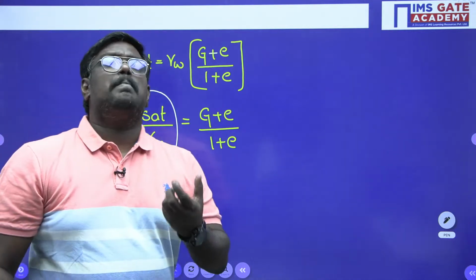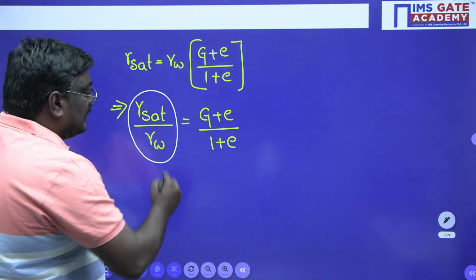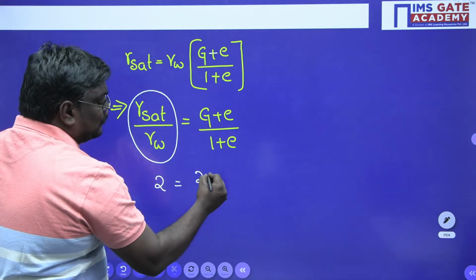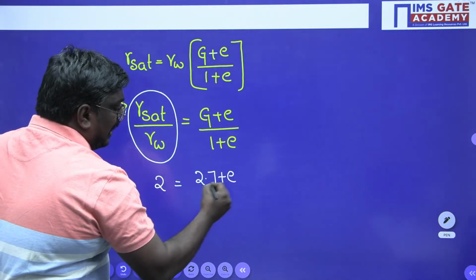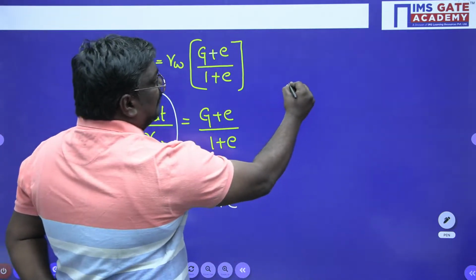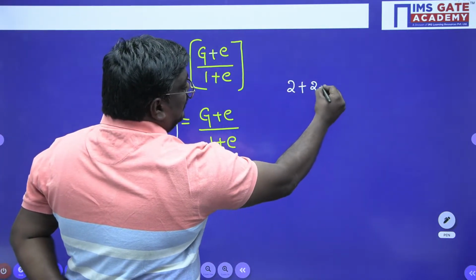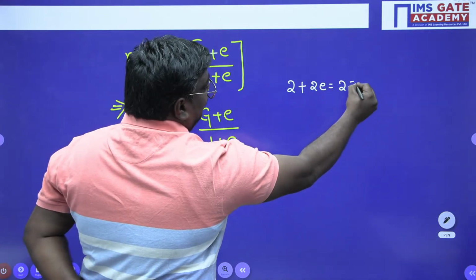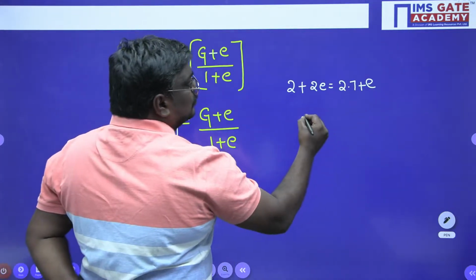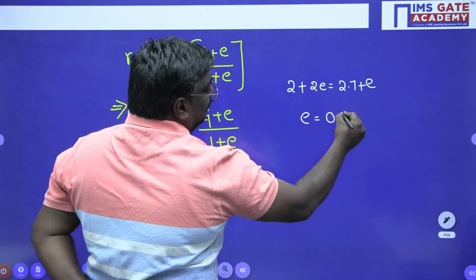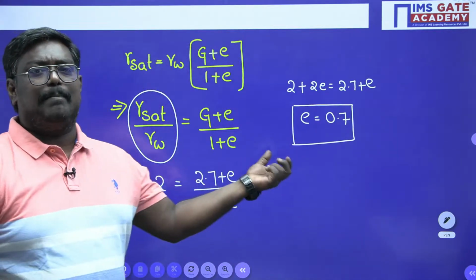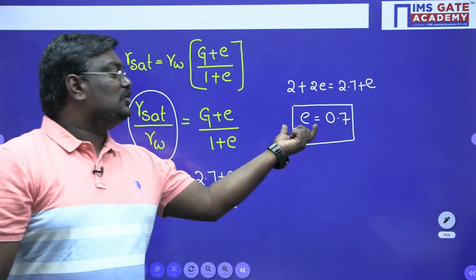That is nothing but the mass specific gravity, which is given as 2. And the true specific gravity is given as 2.7, so 2 equals (2.7 plus e) upon (1 plus e). If you solve this equation, you will get 2 plus 2e is equal to 2.7 plus e. So e can be written as 0.7. They asked in the solution, what is the void ratio of the soil sample? The void ratio of the soil sample is 0.7.